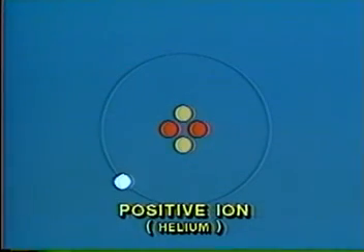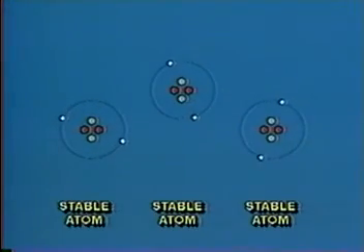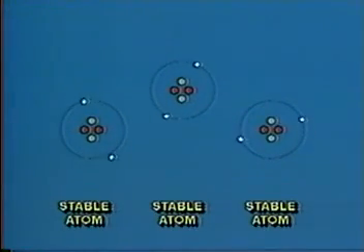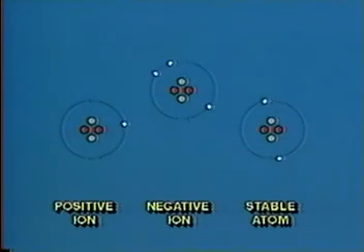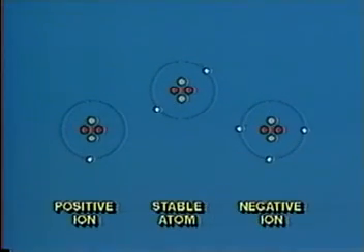An atom with fewer electrons than protons becomes positively charged and is called a positive ion. These positive and negative ions, or unbalanced atoms, can now attract or repel each other's electrons. Remember, like charges repel, while unlike charges attract.